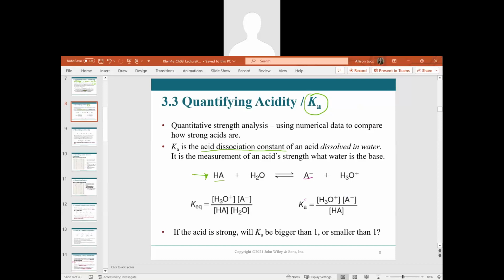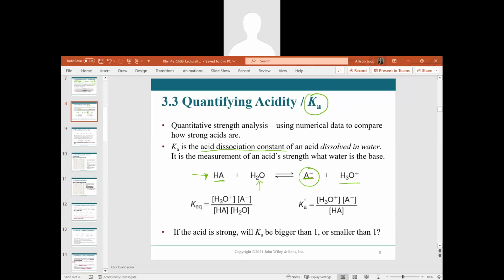We have our HA, our weak acid species, we add it to water, H2O, and then we generate the conjugate base, this anion over here, and hydronium. This is how we know that this is an acid. It has released a proton, it lost that H, and the water molecule, the base, picked it up.